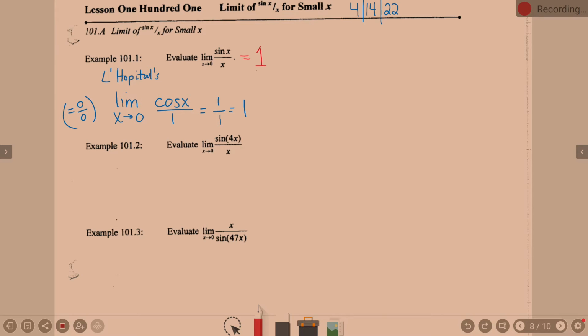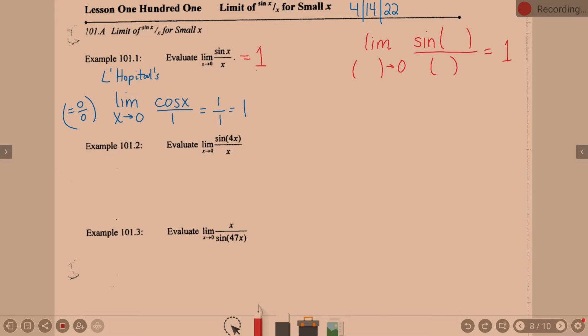Now, let me make sure I write this. What we can walk out of here with today: the limit as some variable approaches 0 of sine of said variable divided by said variable will always equal 1.